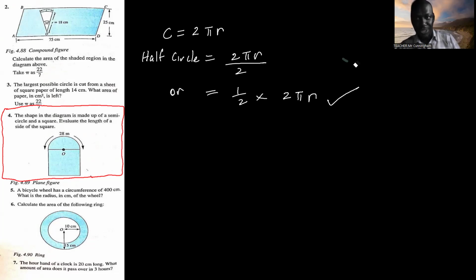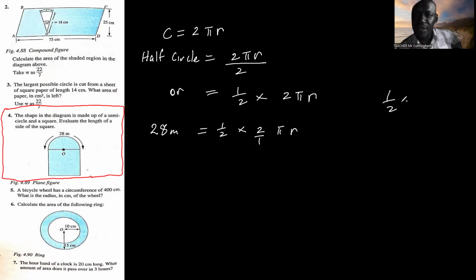Now, they did tell us that the distance of a half circle is 28 meters. Now, this is a half times 2. A half times 2 is 1.